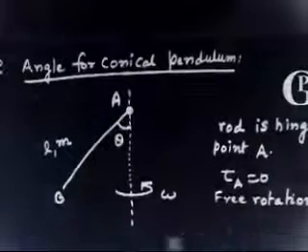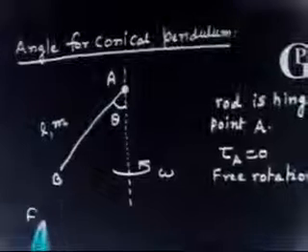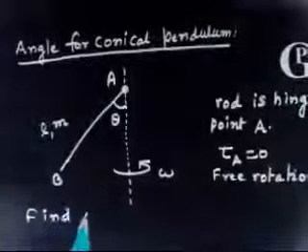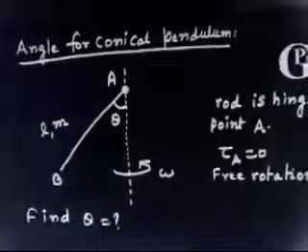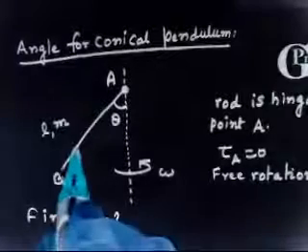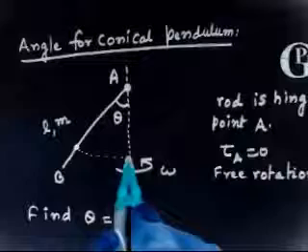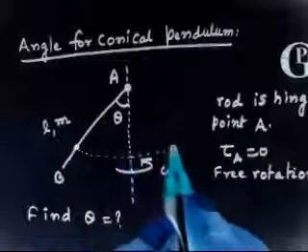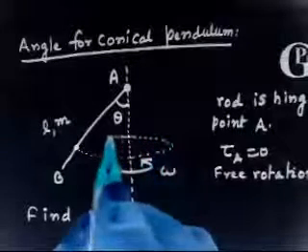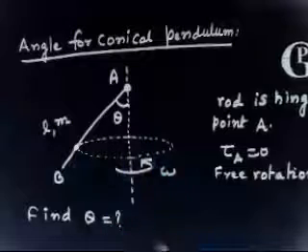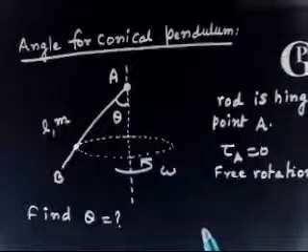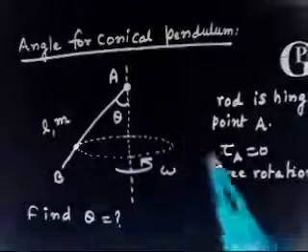We have to find theta. Now if you see, any point of the rod, let us say even this point, is moving in a circle. So this will be the circle in which this point is moving. Any point on the rod is moving in a circle.